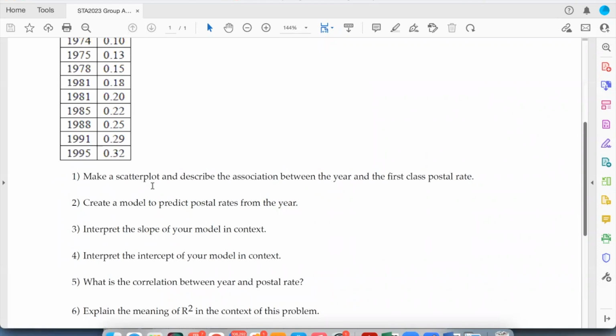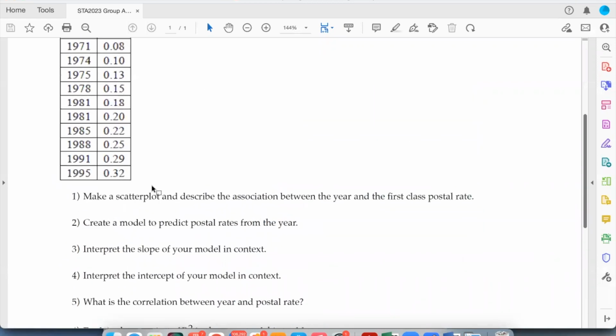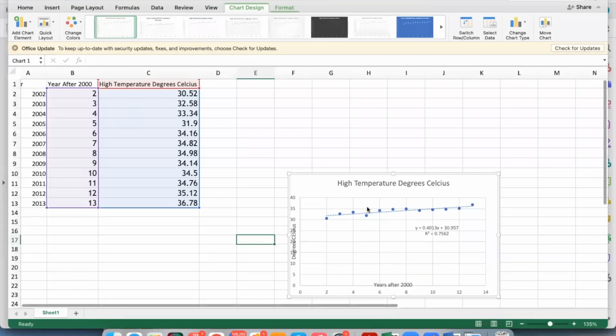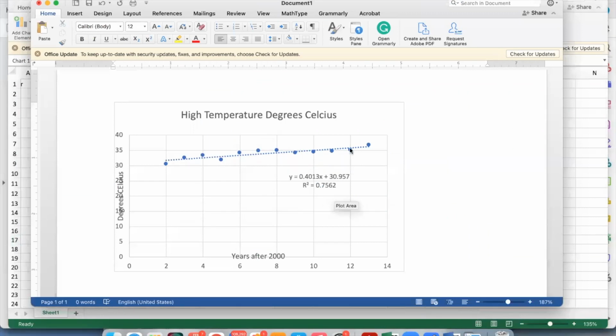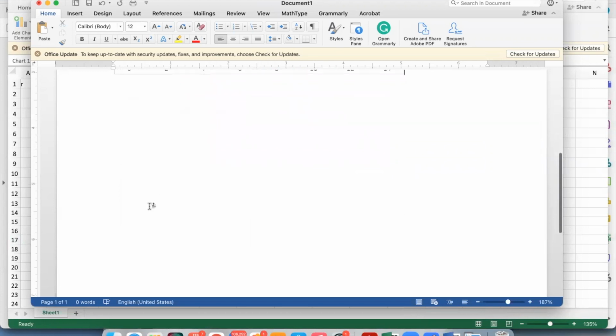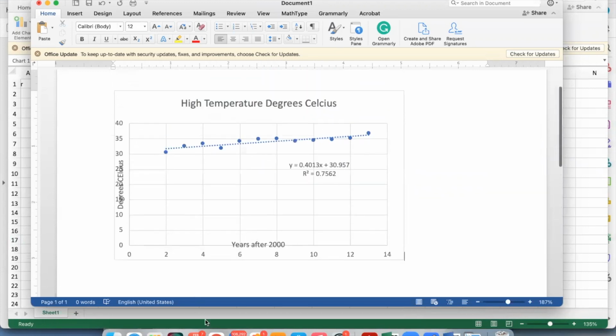Plus, I want to see your picture. So the easiest way to do this is type all these into Excel, just like I did here, create a graph, open up a Word document, copy the graph over with all of these details, and then answer all the questions. And then you don't even have to save it as a PDF, just upload the Word document.